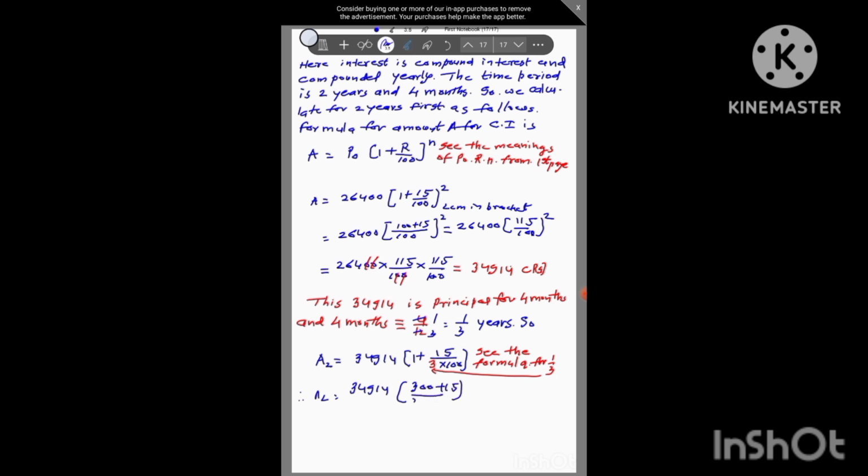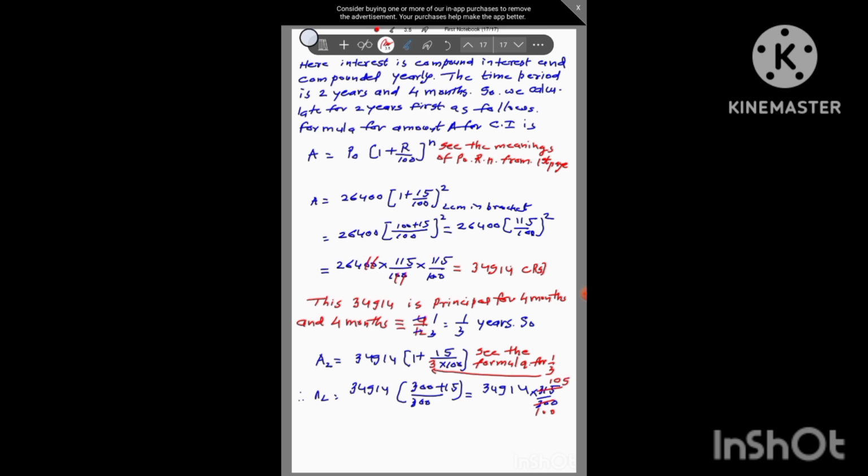N is the installment, so we go ahead with the LCM. 34914 into this LCM, into 315 upon 300 and solve it, and final answer you get.